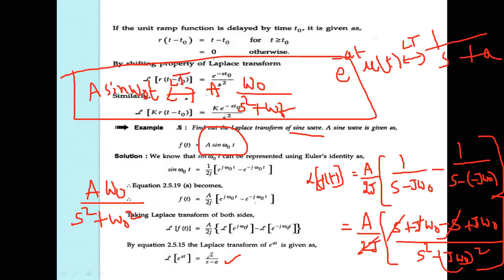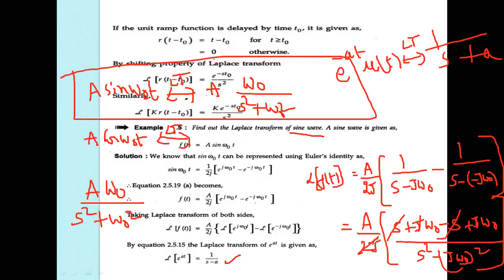The Laplace transformation of A into cos omega naught t becomes A into s by s square plus omega naught square.